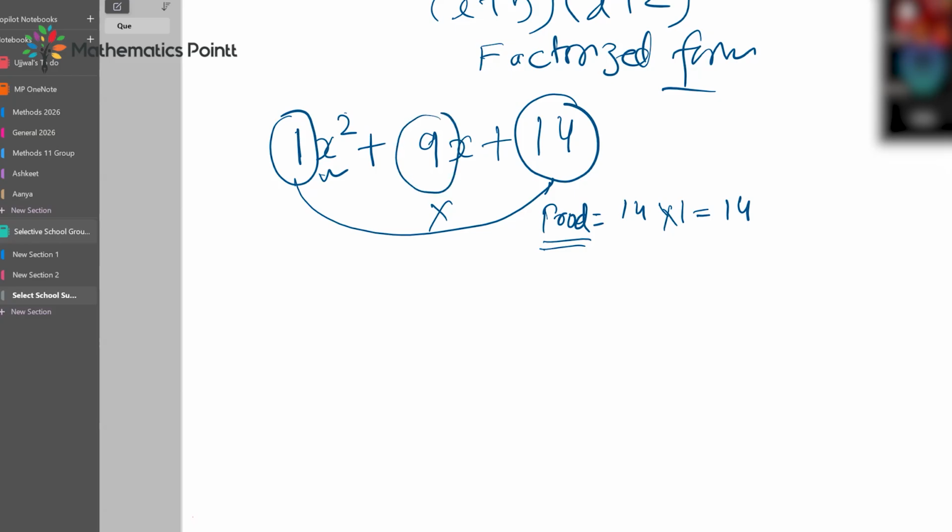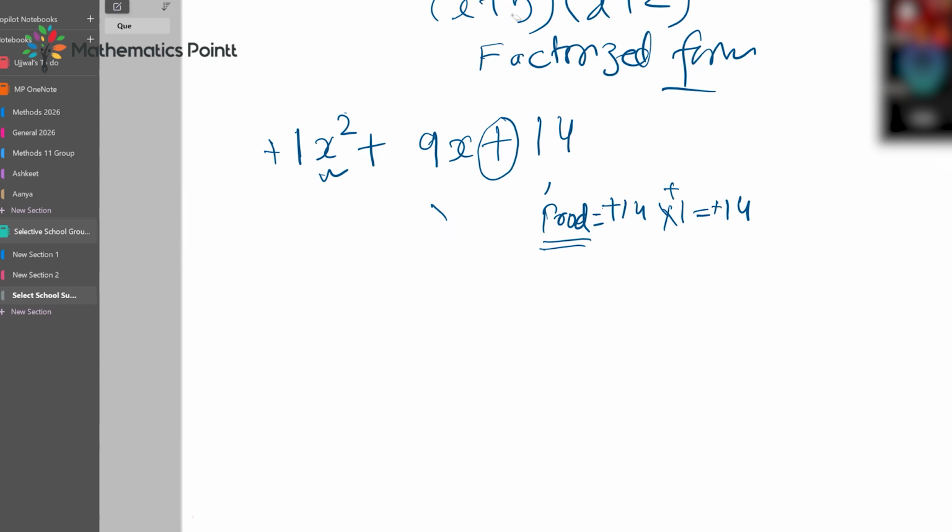Now pick up the middle term. And you see one more thing here, this is a positive 14, right? So multiply plus, and this is a plus 1. Make sure the signs are important. So that makes it a positive 14. And the middle term is a plus 9.